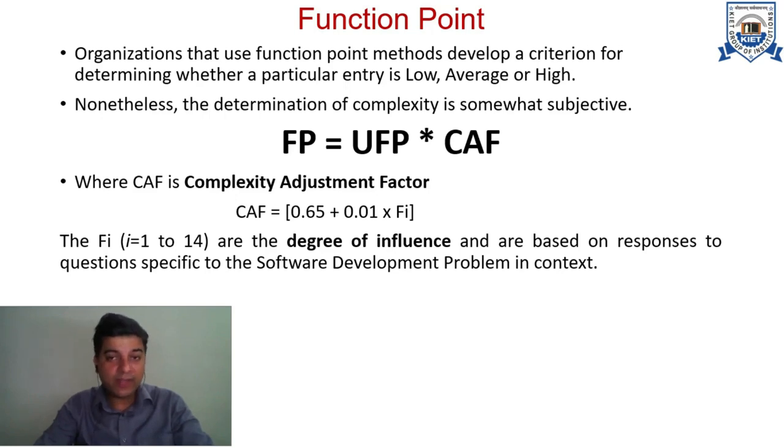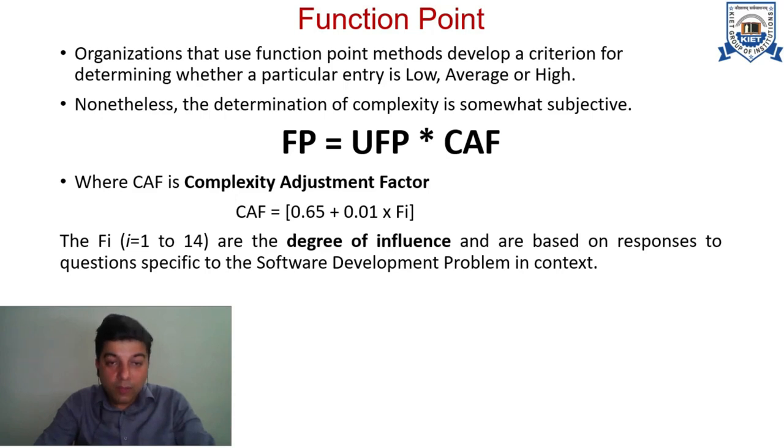Now the new term that has come up is complexity adjustment factor. This complexity adjustment factor is basically dependent on the current software development problem in hand. The current problem in hand basically decides what kind of complexity we have. There are 14 factors which are called degree of influence collectively, and they decide what kind of problem we have in hand.